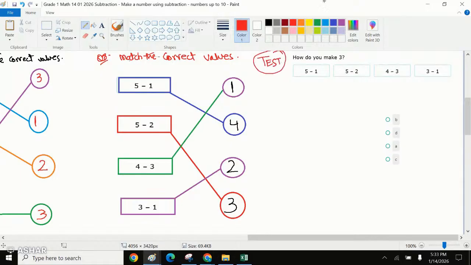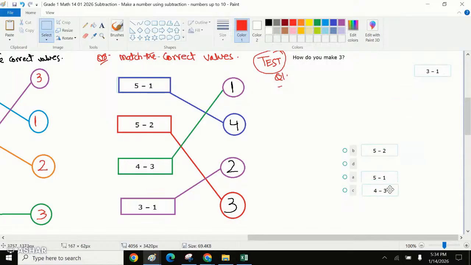This is question number 1. They're asking, through which option can you make the answer correct? How do you make a 3? This was option B. This was option A. This is option C. And this was option D.